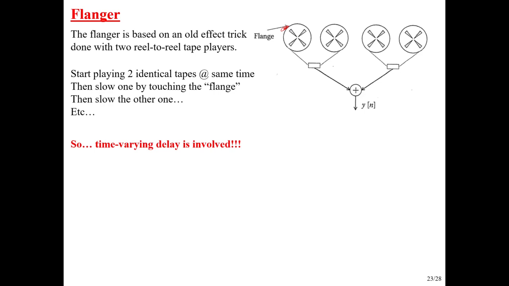And then you release this one and you touch this one and slow that one down. And so what you're doing is creating this time-varying delay that's going plus and minus between these two, just like we talked about in the vibrato, except now we're adding the original. There's two things that are adding together, unlike the vibrato.